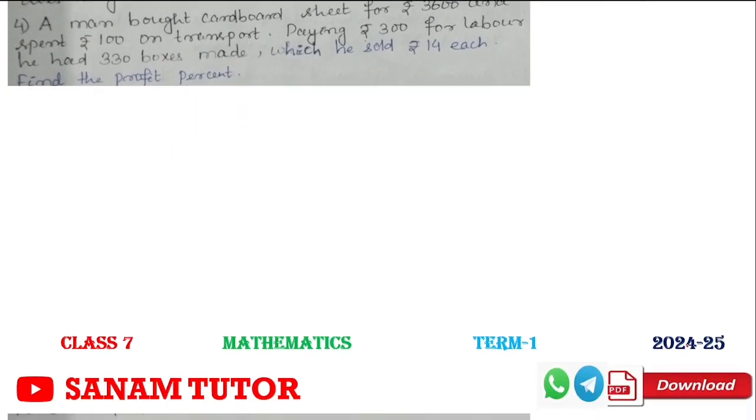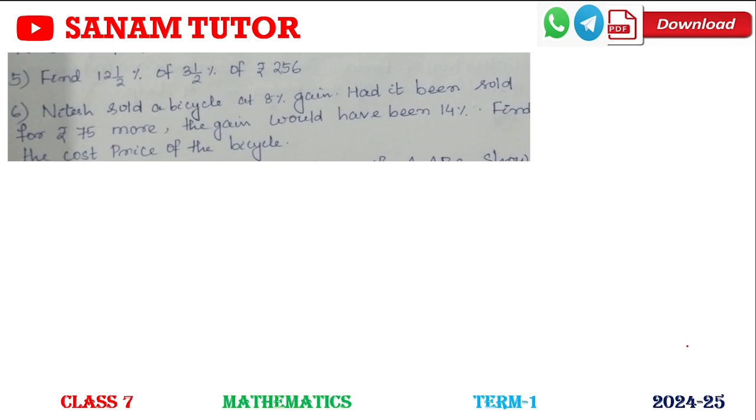So next question, find 12 whole 1 by 2 percentage of, means into, 3 whole 1 by 2 percentage of, means into, 256 rupees.